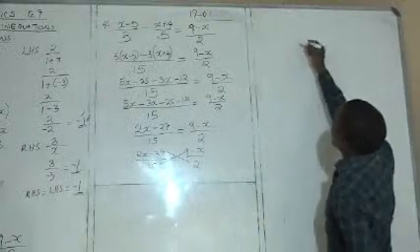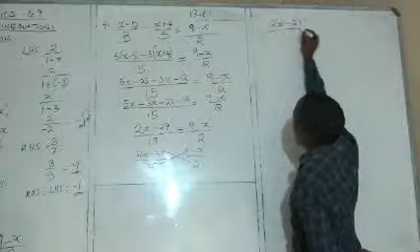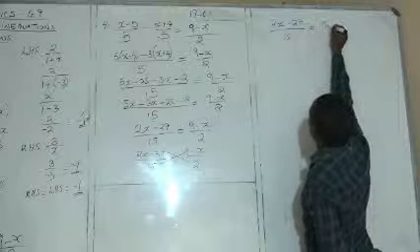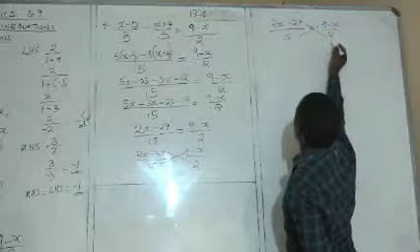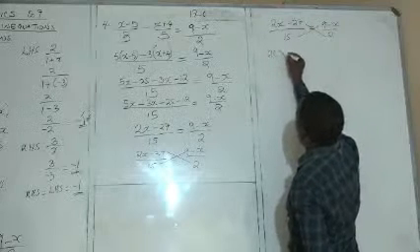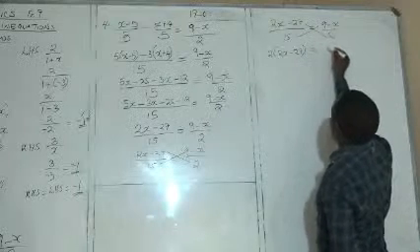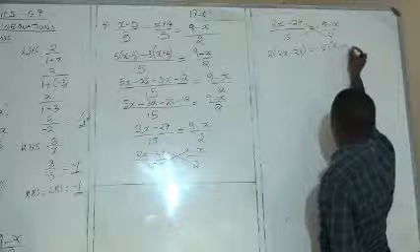Okay, so what we have is 2x minus 27 over 15 is equal to 9 minus x over 2. So we are saying that we cross multiply. So 2 times 2x minus 27 then is equal to 15 multiplied by 9 minus x.